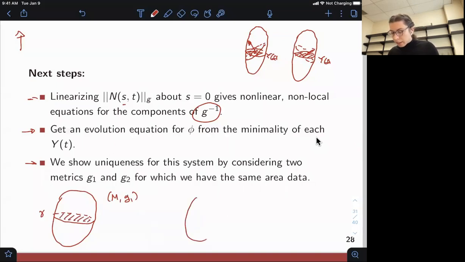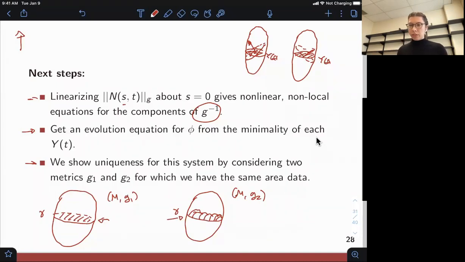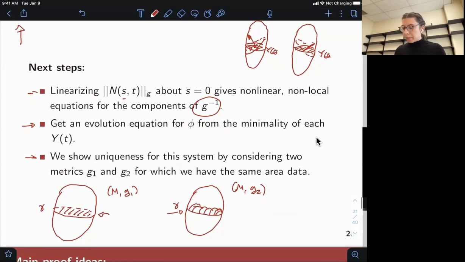And now I look at the same manifold, M, with metric 2, I have the same curve on the boundary gamma, but maybe now I have some other minimal surface that fills this in. The area of this one is equal to the area of this surface for this entire foliation of curves that I gave myself as data.